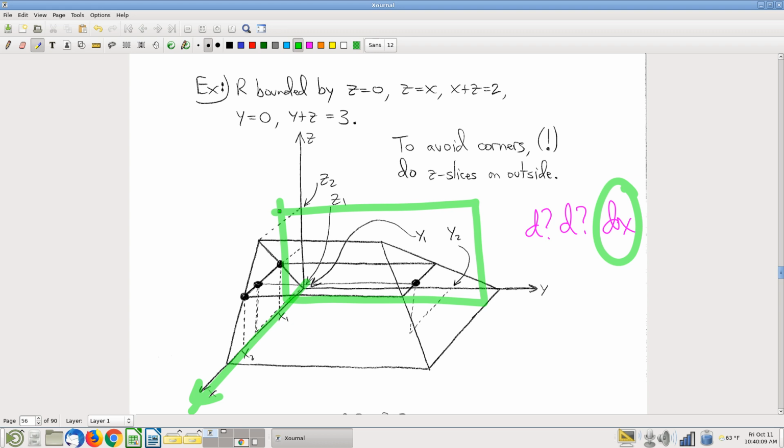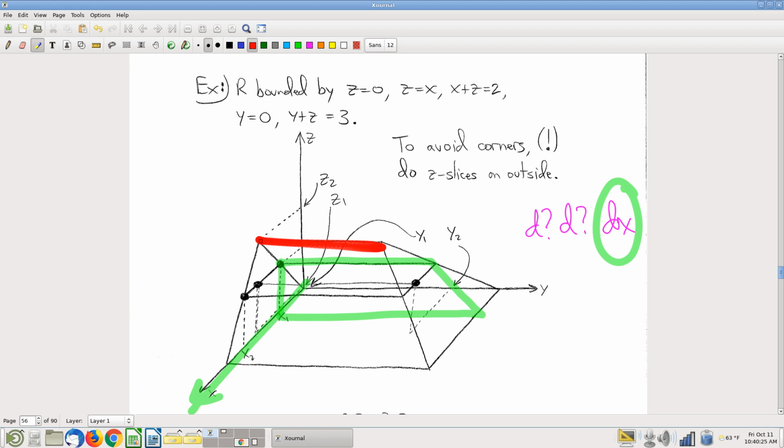What happens when you take slices perpendicular to the x-axis of this solid? You're going to start off with slices that look kind of like that, and they will look like that right up until you hit this corner or edge or whatever you want to call it, at which point they start to look pretty different, right?